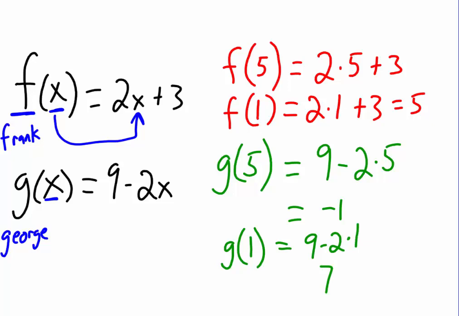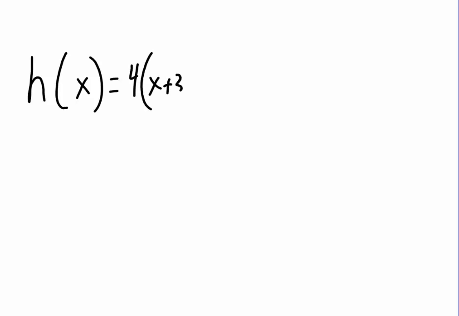Now, you might end up with a situation like this. In fact, not might, you will end up with a situation like this. Let's use the function Harry. So h of x. And in h of x, it says that we're going to do 4 times x plus 3 minus 2x.